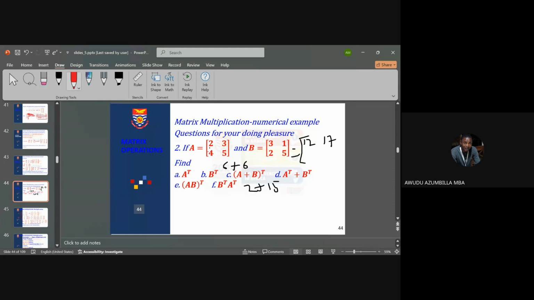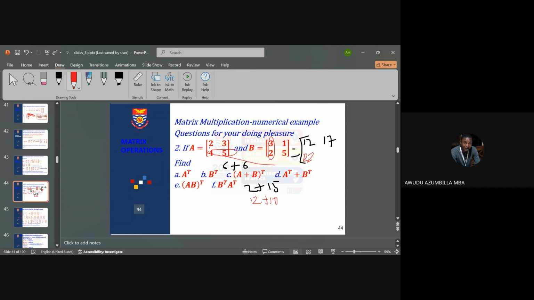Now we are taking this and multiplying this first. So we are going to get 4 by 3, that is going to be 12, and then 5 by 2 is going to give us 10. So the first one you have 22.